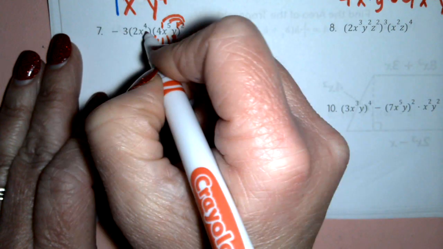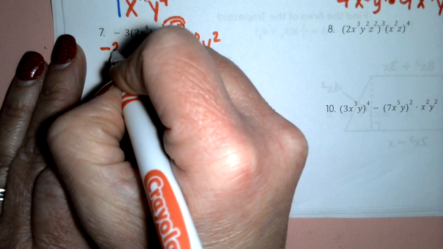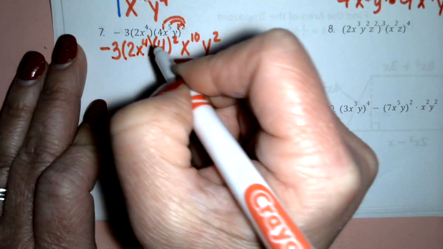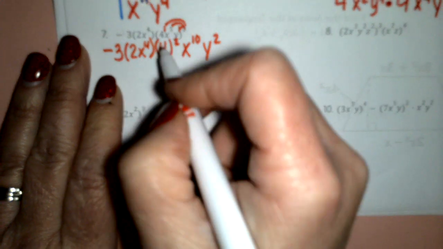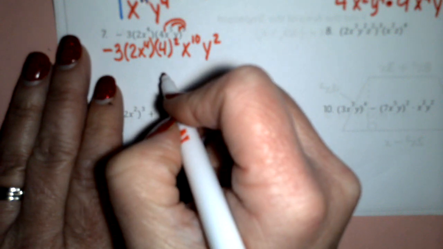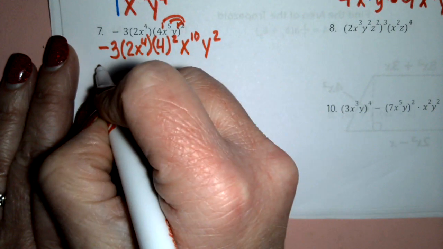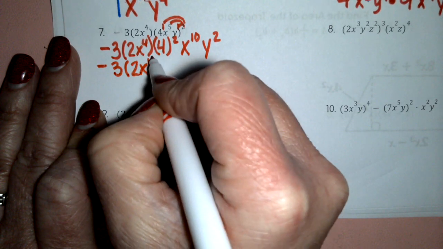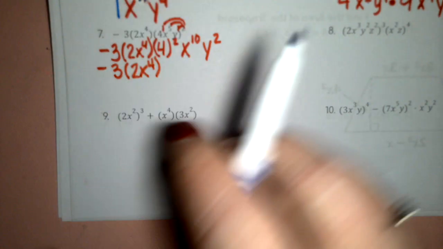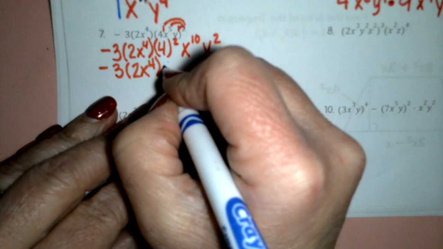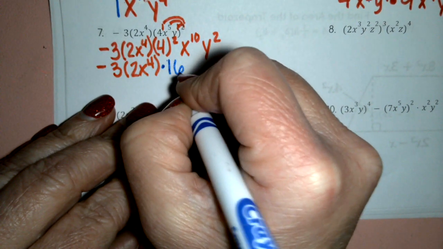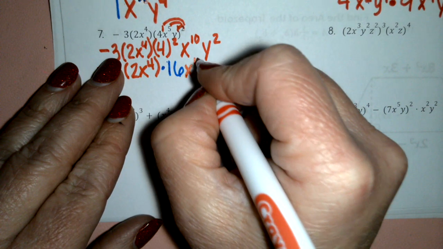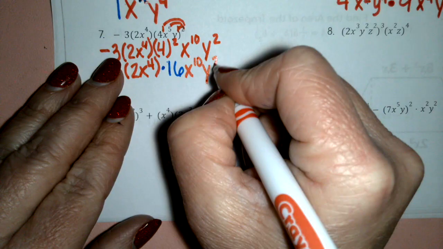But I can't forget this stuff because it was actually there. So -3 times 2x to the 4th. 4 squared is 16. So I've got -3 times 2x to the 4th times 16 x to the 10th y squared.